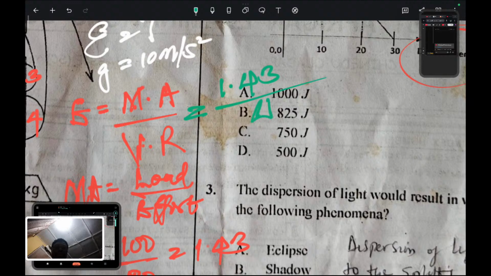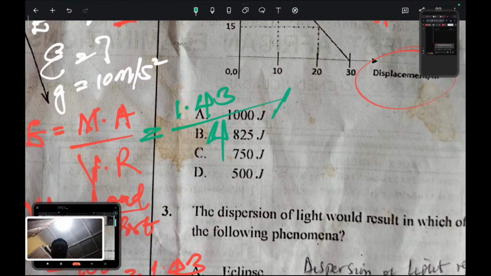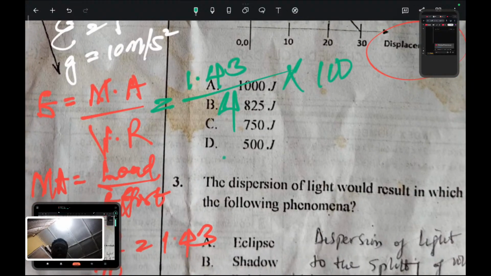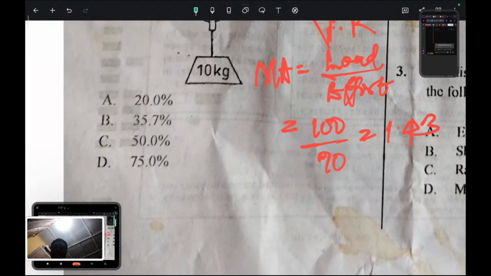Our velocity ratio is 4. Hence, we need to multiply this by 100. So if you do this, our answer becomes what? 35.7%. So our option B is the correct answer.